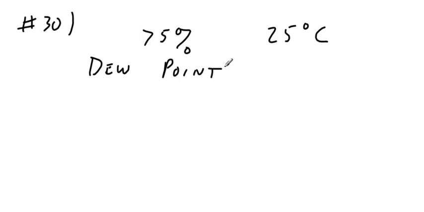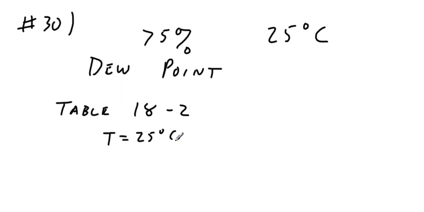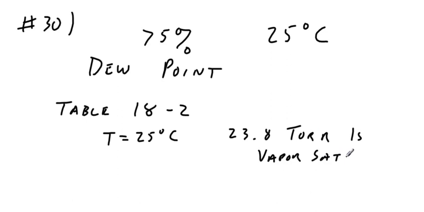Okay, so we're going to look at table 18-2, and we see that when the temperature is 25 degrees centigrade, 23.8 torr is vapor saturation. So that'd be 100% saturation.